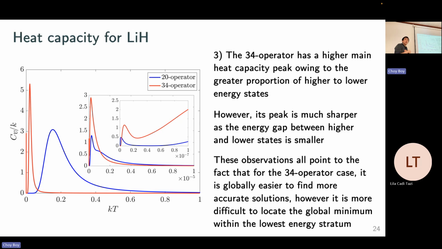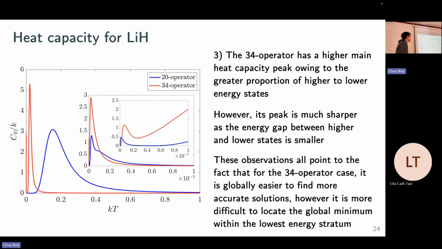Yes, correct. So the main peak is the transition from the lowest energy neighborhood to higher neighborhoods, while the smaller peaks are the transitions within the neighborhoods.